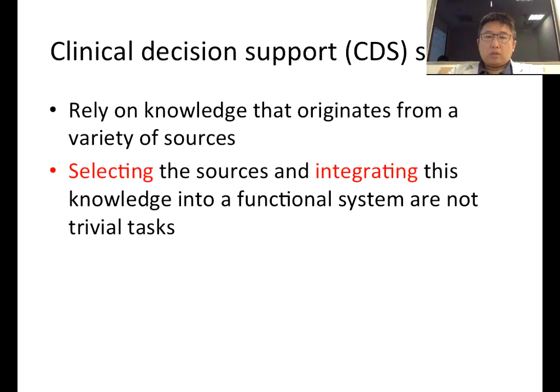Okay, I think that's the key main part, because for all of you, first you will select one domain area for your research, and the second thing is how you retrieve the knowledge and build the clinical decision support system.